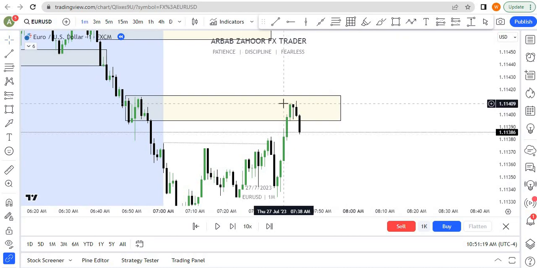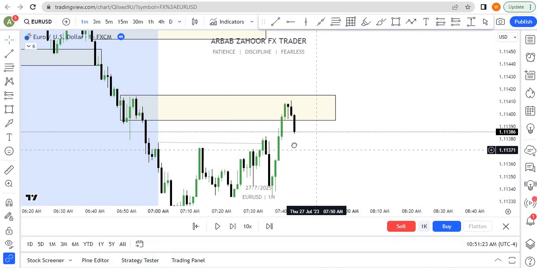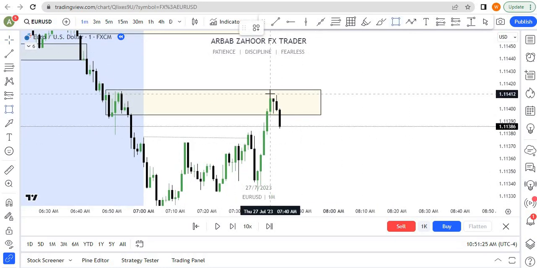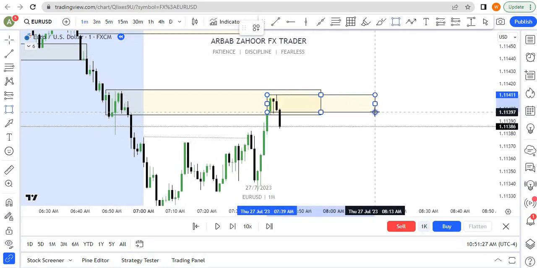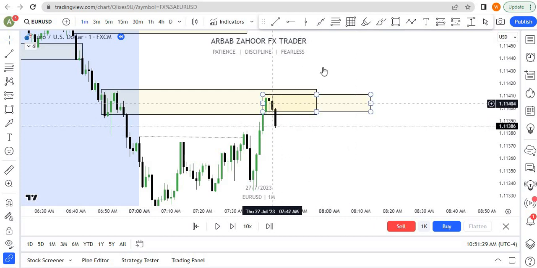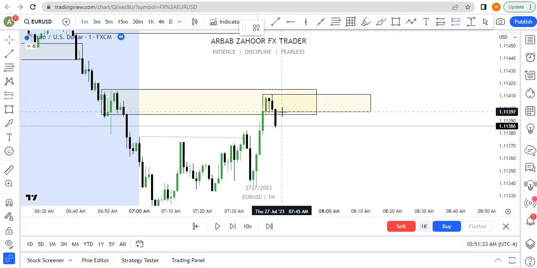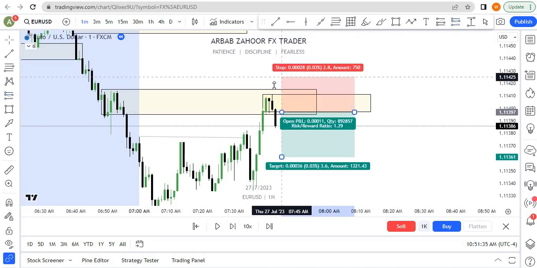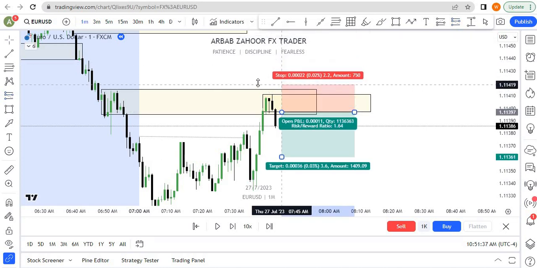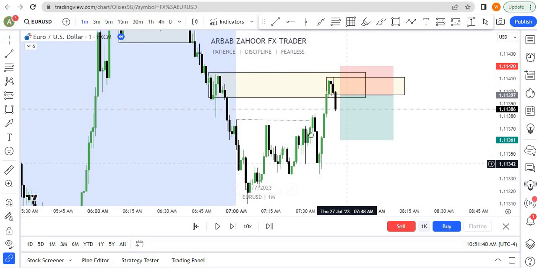Price takes out the previous high and moves downside. Single candle mitigation. I mark out this candle. The third candle will be in the trade. I put the stop loss a little upside, 2 or 3 pips, no problem.